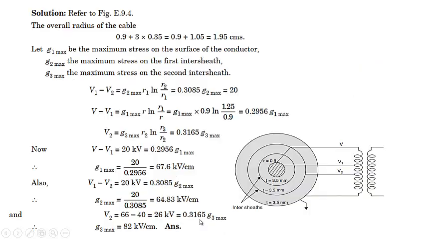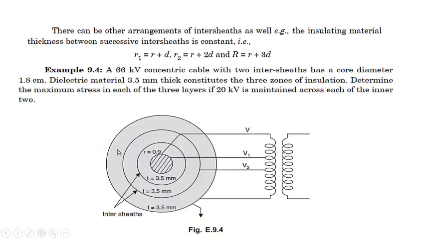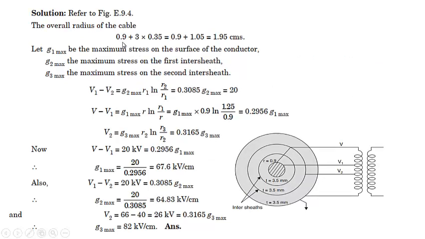So keeping these things in mind, first we'll calculate the total diameter of the cable, that will be 0.9 plus 3 into 0.35, it comes out to be 1.9, and this is the overall radius of the cable.